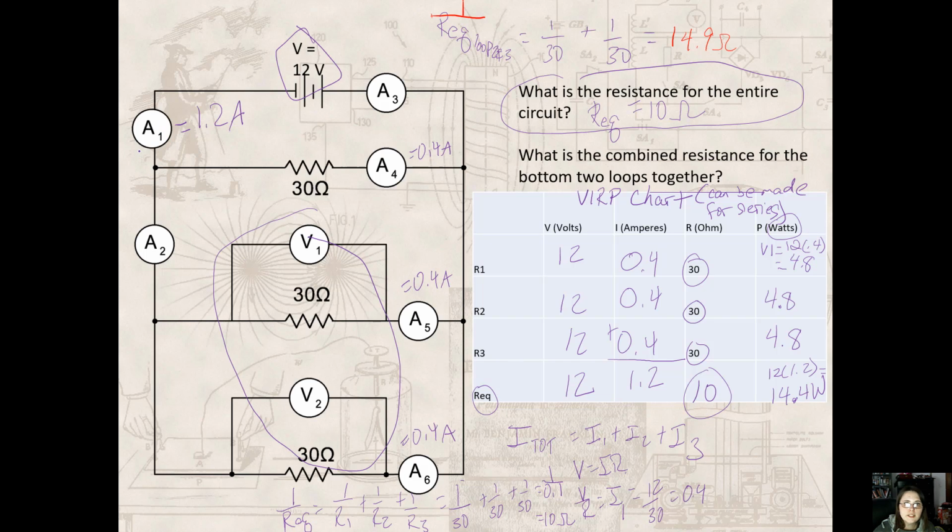And when it comes into here, it's going to split here and here, and you're going to get 0.4 that goes here and 0.4 that goes here. So then this is going to be equal to 0.8 amperes, and then they all come back around here, and it goes back to 1.2 amperes here.